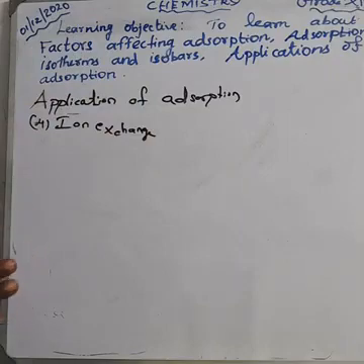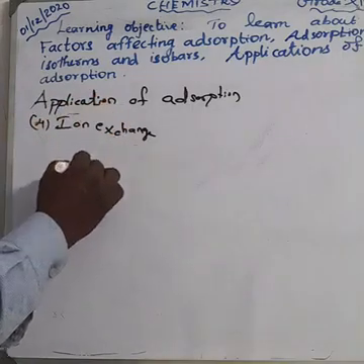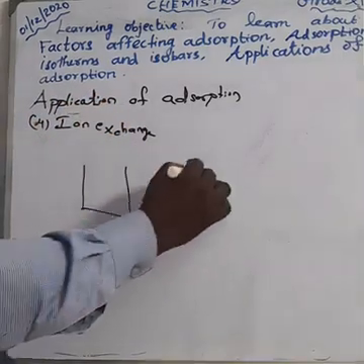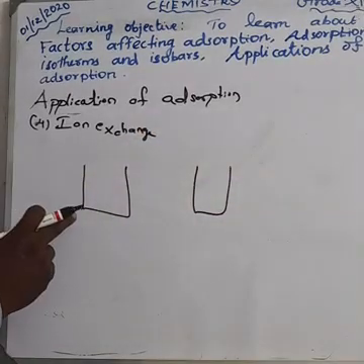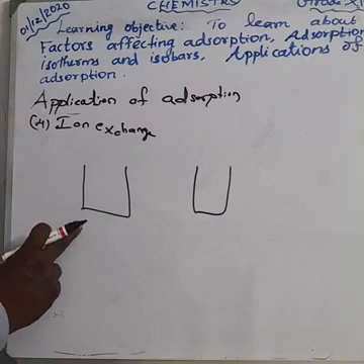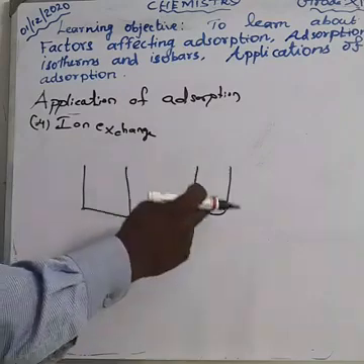Here we are using a resin to obtain demineralized water. This process is carried out by passing water through two columns. One column has a cationic resin and the other has an anionic resin.